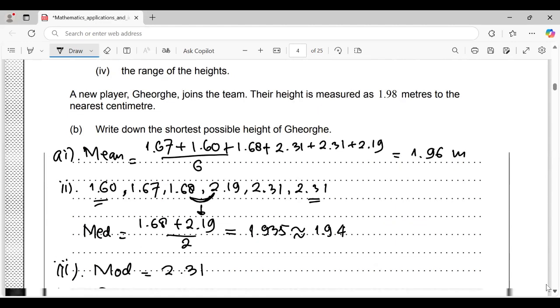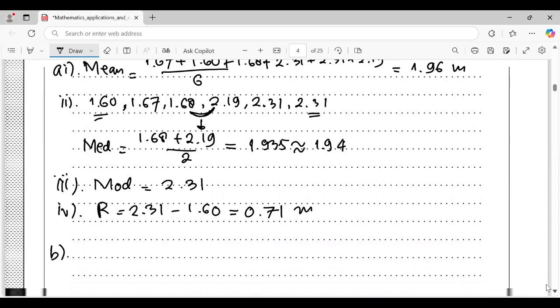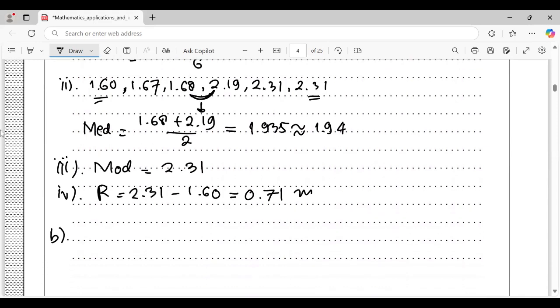1.98, based on the value given to the nearest centimeter, it means minus 0.005, because 1 meter equals 100 centimeters. Okay, it means 1 centimeter equals 0.01 meters.